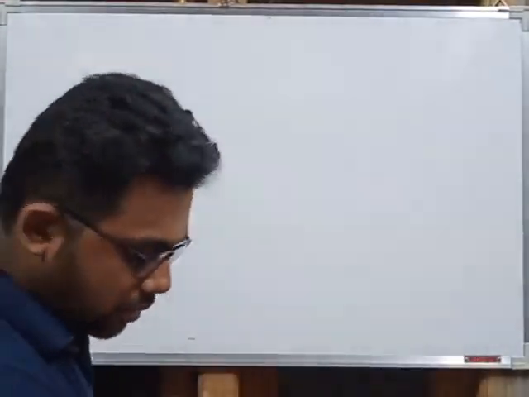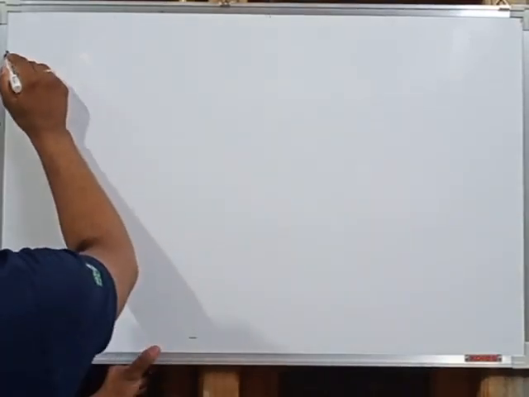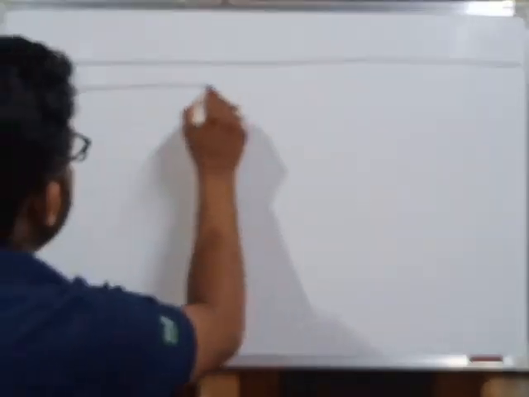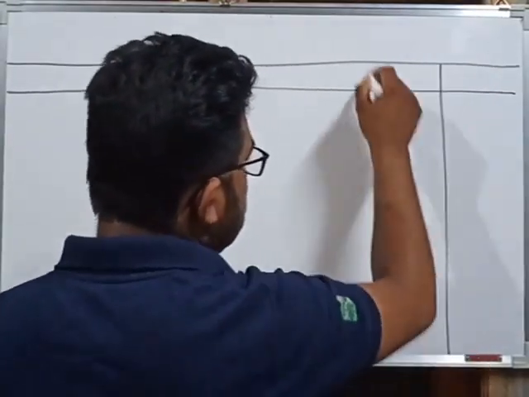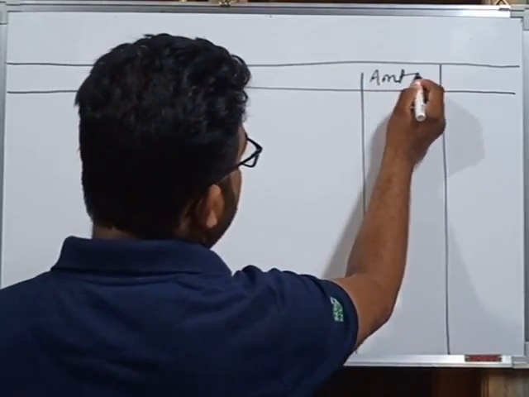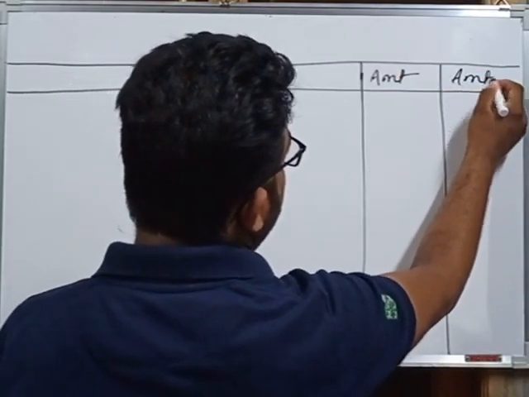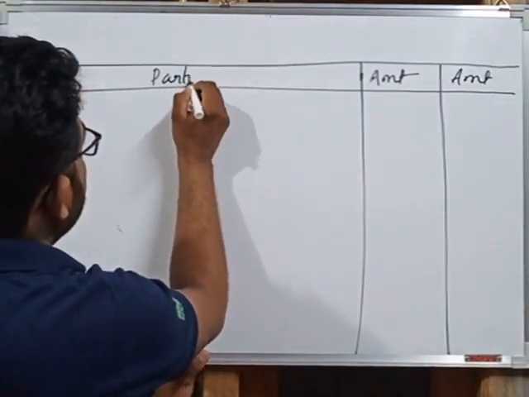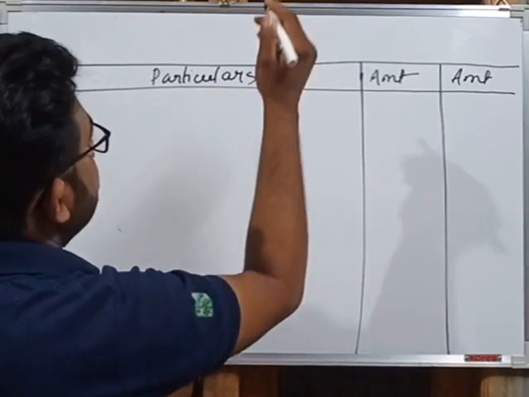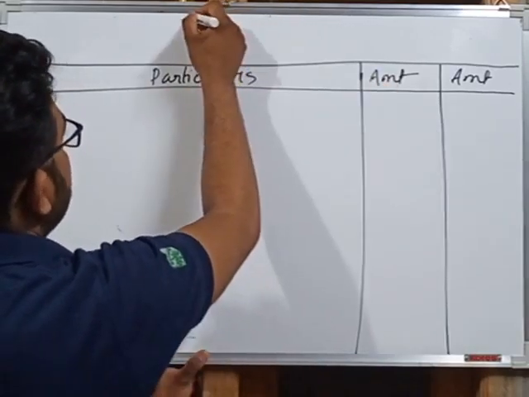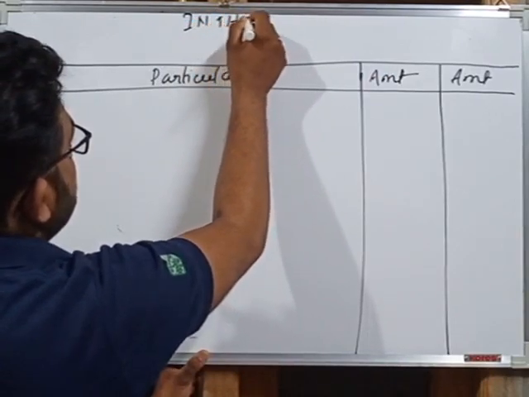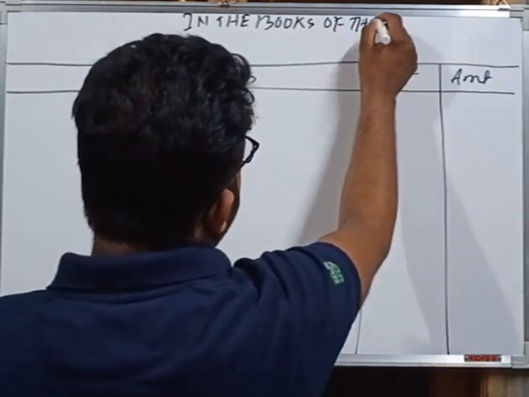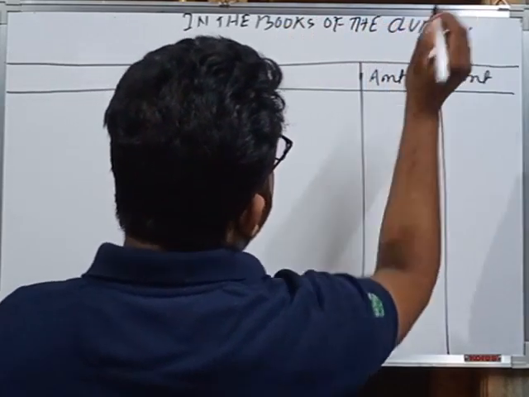Okay, so what is the format? As it is a statement, there is no debit and credit. Particulars. At the top of the statement we have to write in the books of the club, because it is for the club.